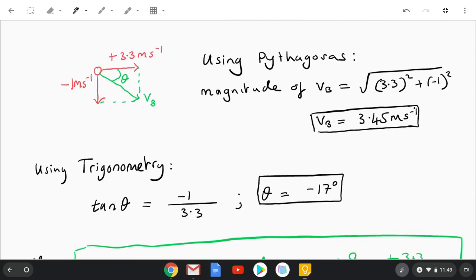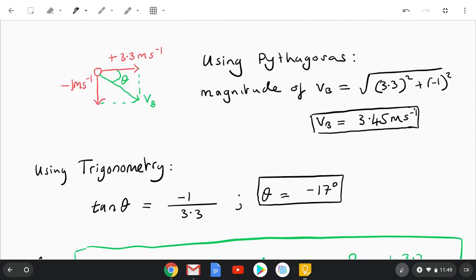And we can then use trigonometry. So tan theta is the opposite over the adjacent, so that's minus 1 there. That'll be the opposite. The adjacent to the angle is 3.3, and we get an angle of minus 17 degrees.